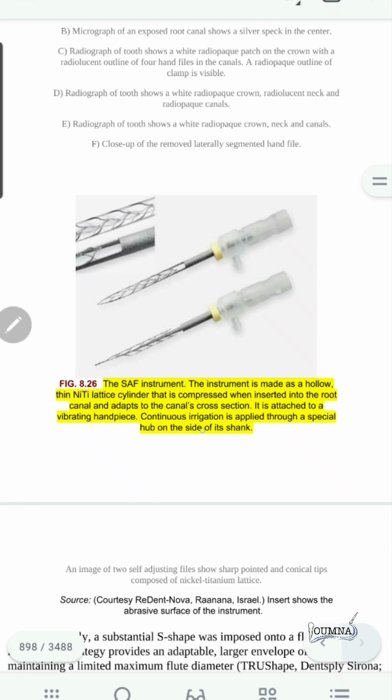It has continuous irrigation applied through a special hub on the side of the shank. Here, we can apply an irrigation solution that is transferred to the canal through the hollow structure, which means that we are doing the cleaning and shaping at the same time.